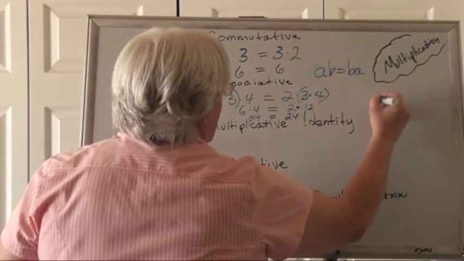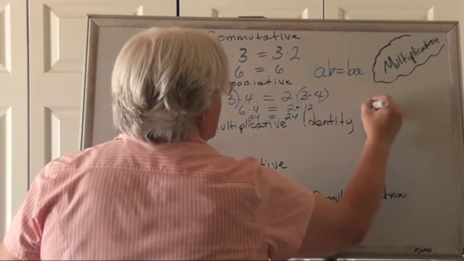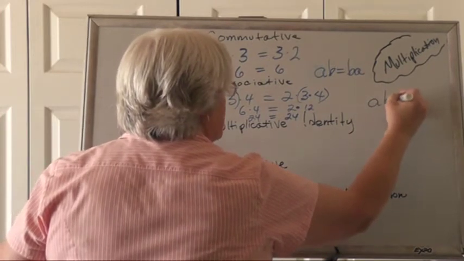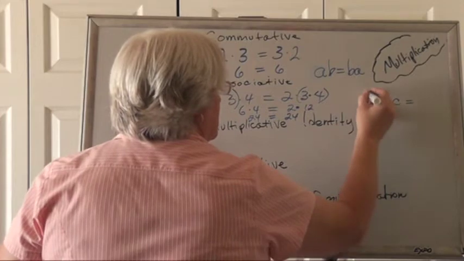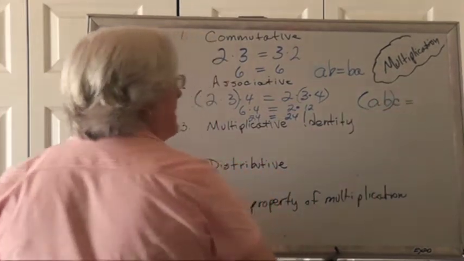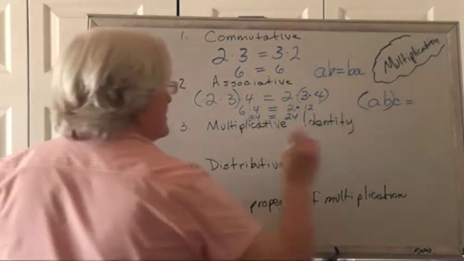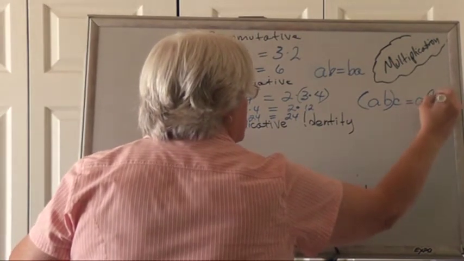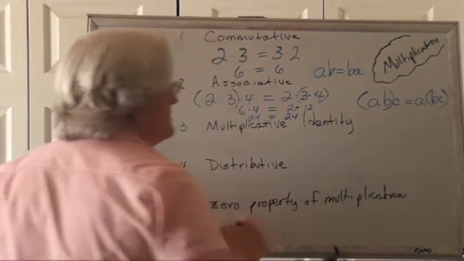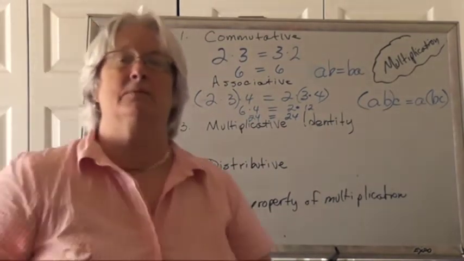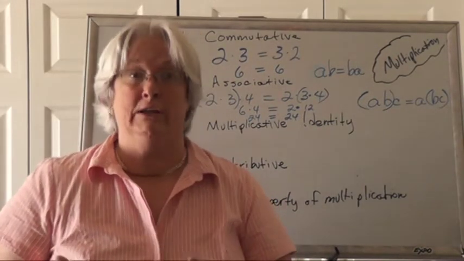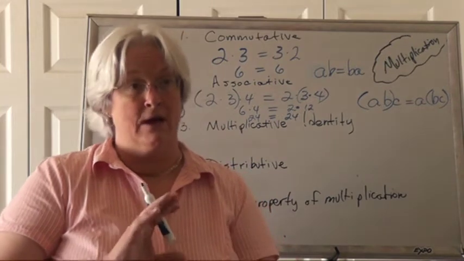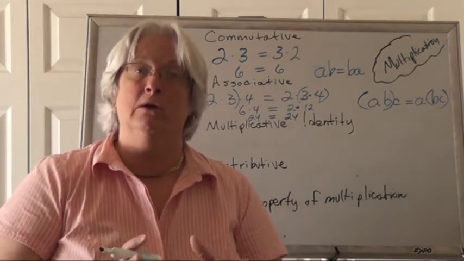And then using our variables, we have A times B times C. So if we have A times B times C, that's the same as A times B times C. A lot of times we get really intimidated when we see all of these different letters being used in math.